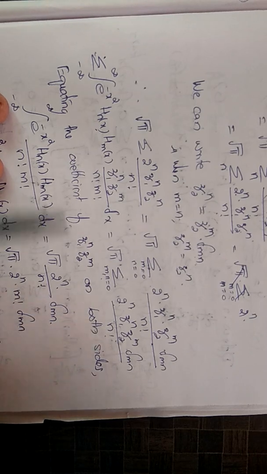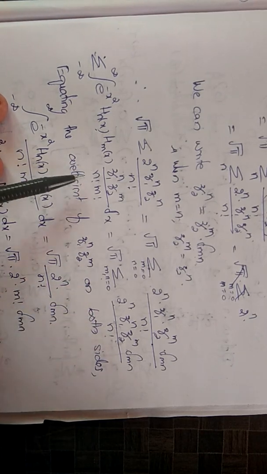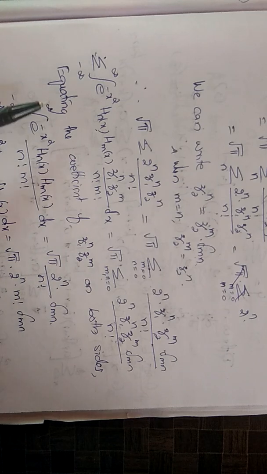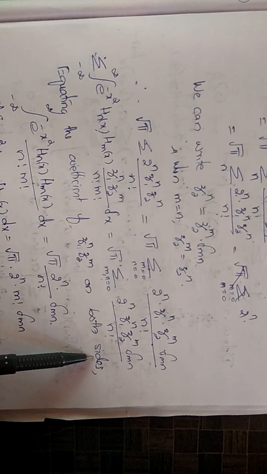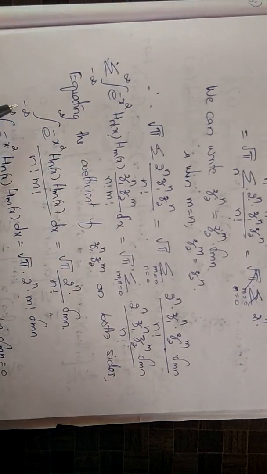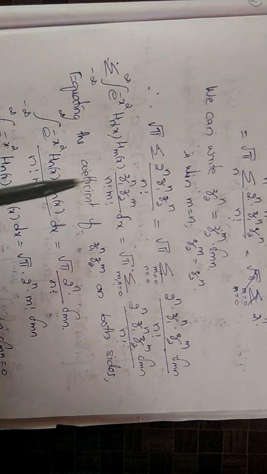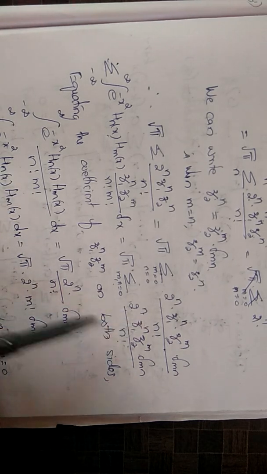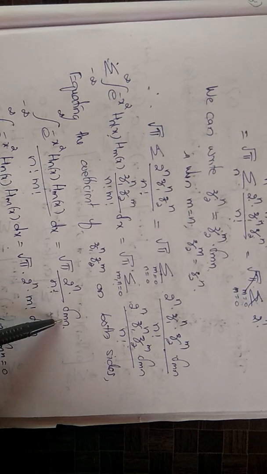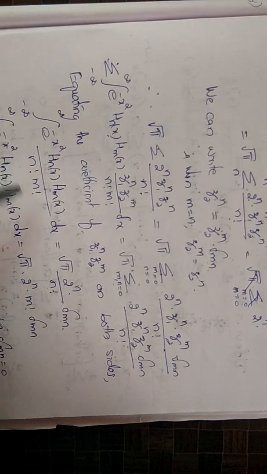Now equating the coefficient of z1 to the power n and z2 to the power m on both sides, the left hand side becomes integral from minus infinity to plus infinity e raised to minus x square Hn of x Hm of x divided by n factorial m factorial dx, equal to root pi 2 to the power n divided by n factorial delta mn. Here the n factorial will go, no problem whether it is going this way or that way, it doesn't matter.